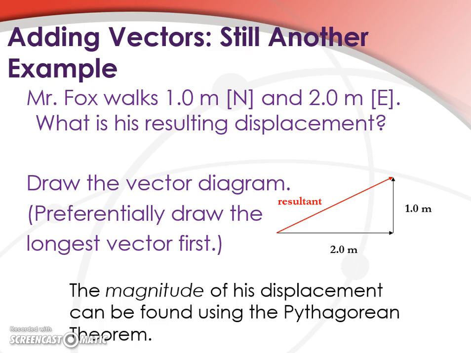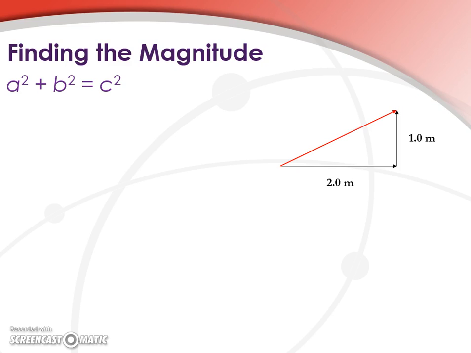It's a trivial problem for grade 11 students to find the magnitude of this displacement. It's pretty simple. We use the Pythagorean theorem, a squared plus b squared equals c squared, right?